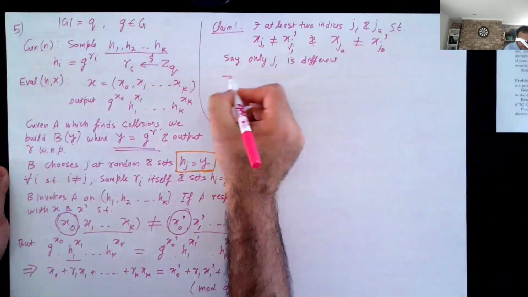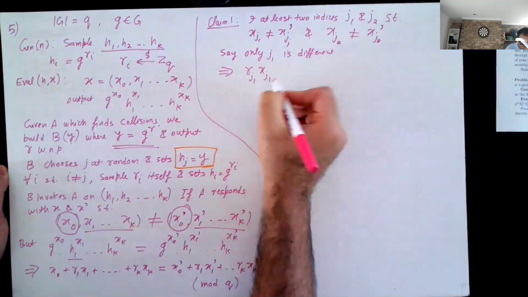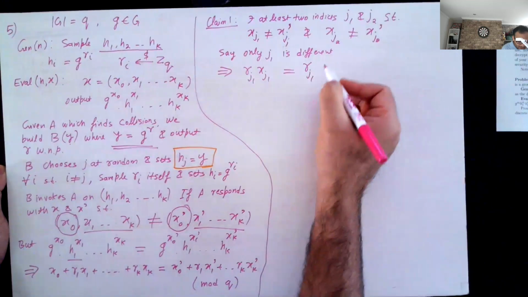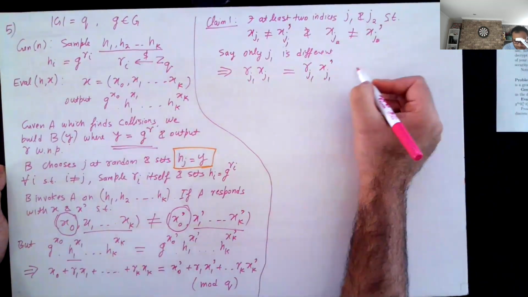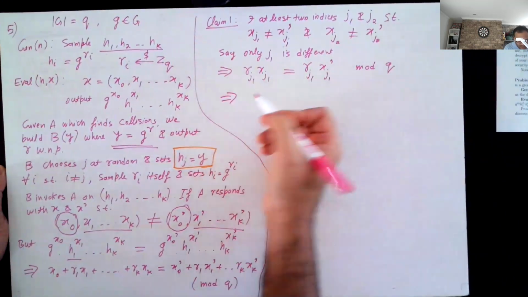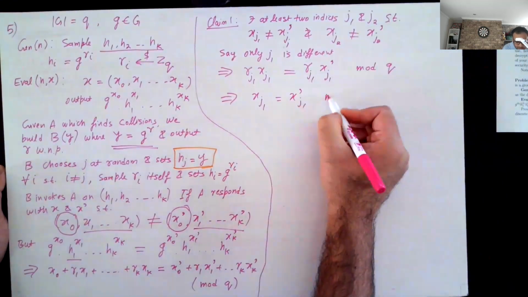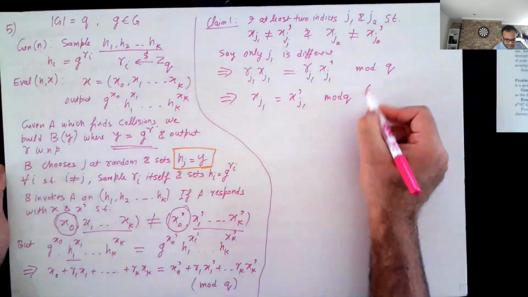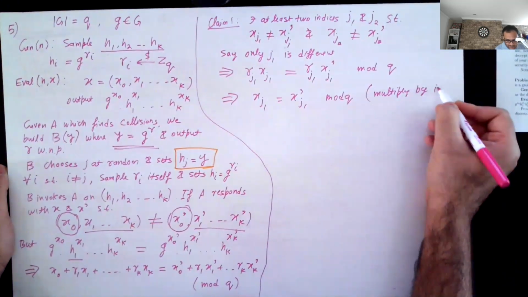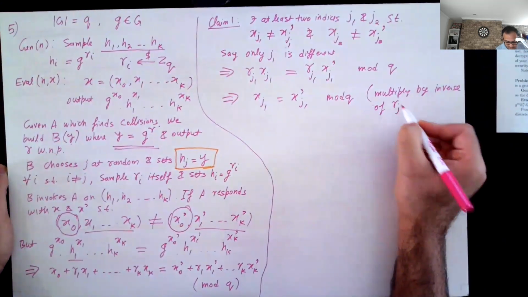This would actually end up implying that rj1 xj1 is actually equal to rj1 xj1 prime mod q, and this also means that xj1 is actually equal to x prime j1 mod q, and this is by multiplying by the inverse of rj1.